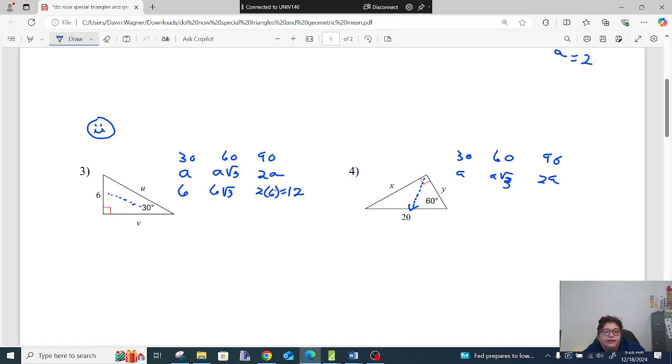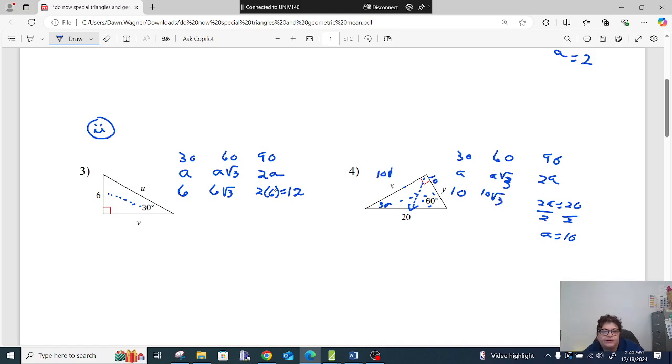If you could just look at it and say, oh, a is 10 because 2a is equal to 20, so you divide by 2. If you could do that in your head, you don't have to show the work because, again, this is trying to get you to do the pattern. So across from the 30 would be your 10. And then across from the 60 would just be 10 times the square root of 3.